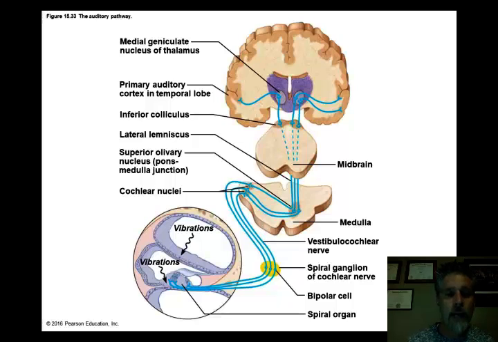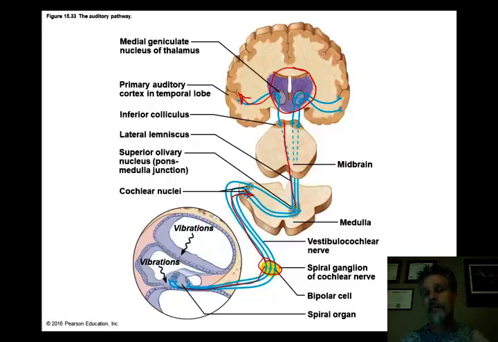All right, so once we change it into an electrochemical signal, where's it going? There's a ganglion, right? Bipolar cells, etc. Going in through the medulla, going up through the midbrain, and going to, what do you know, the thalamus, the routing center, right? That thalamus is going to route it out to the auditory cortex in the temporal lobe.